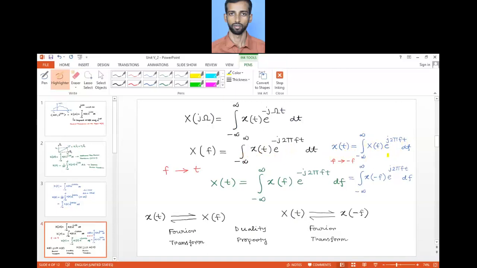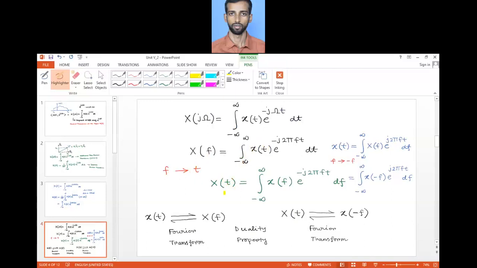Now, we do a kind of substitution in this particular expression. We have x of f equal to the integral from minus to plus infinity of x of t e to the power minus j 2 pi f t dt. In this expression, we just replace f by t. Whenever we have f, we replace it by t. This is the variable change we are making.